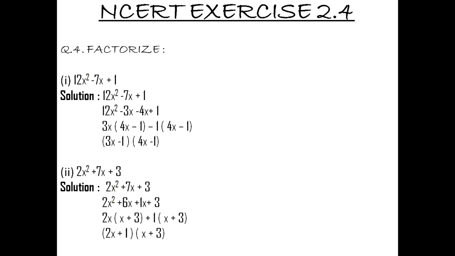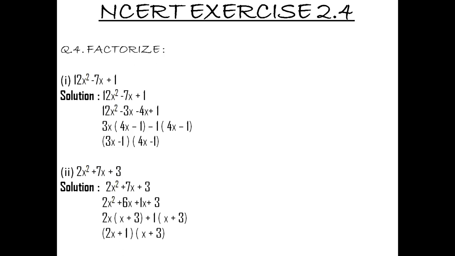If you see the second line of the solution for question number 2, the first term is written as it is, that is 2x squared, and 7x is split into 6x plus 1x, and then plus 3, the last term. In the next step, the third line of the solution, I've made pairs. The first 2 terms become the first pair and the next 2 terms become the second pair.